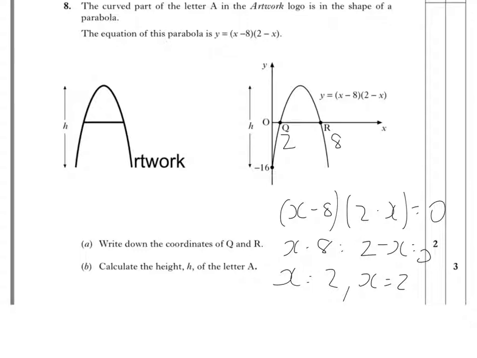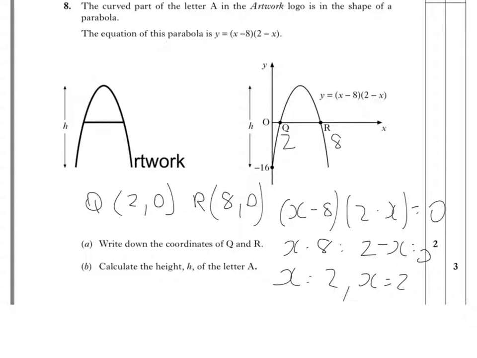Now just make sure that you pick up all marks. The question doesn't say write down the x coordinates of Q and R, it says write down the coordinates. So the coordinates of Q: x coordinate 2, and obviously if it's on the x-axis the y coordinate must be 0. For R it's going to be 8, 0.